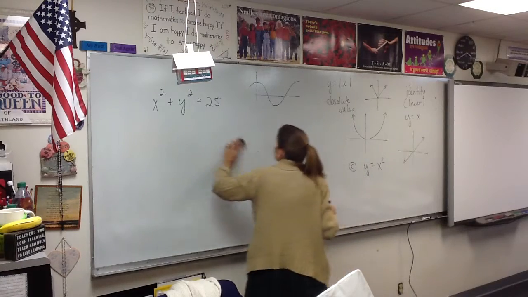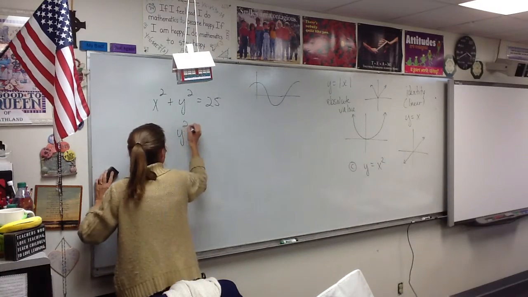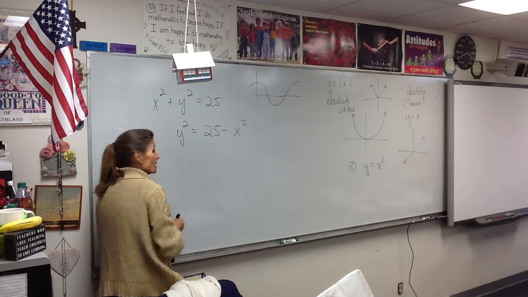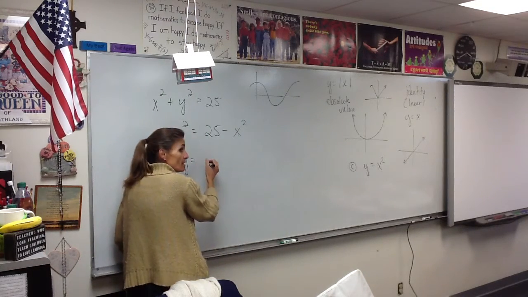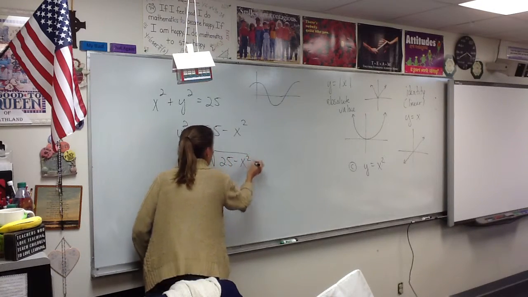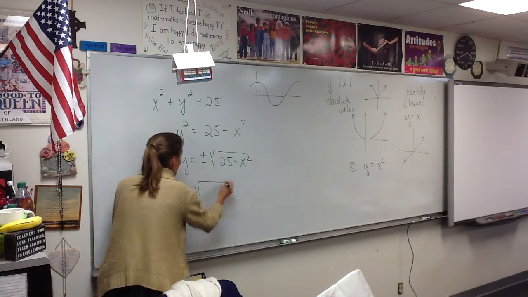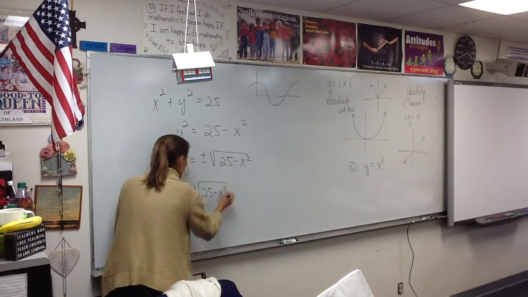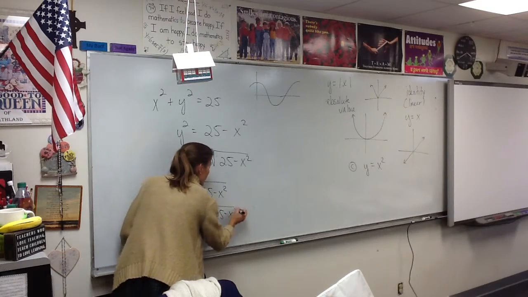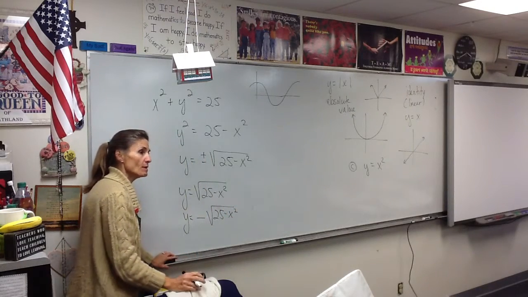Remember, Jamal? We're going to get y by itself. So first I'll subtract x squared. And then I take the square root. So my two implicit functions are the square root of 25 minus x squared and the negative square root of 25 minus x squared. Remember doing that yesterday?